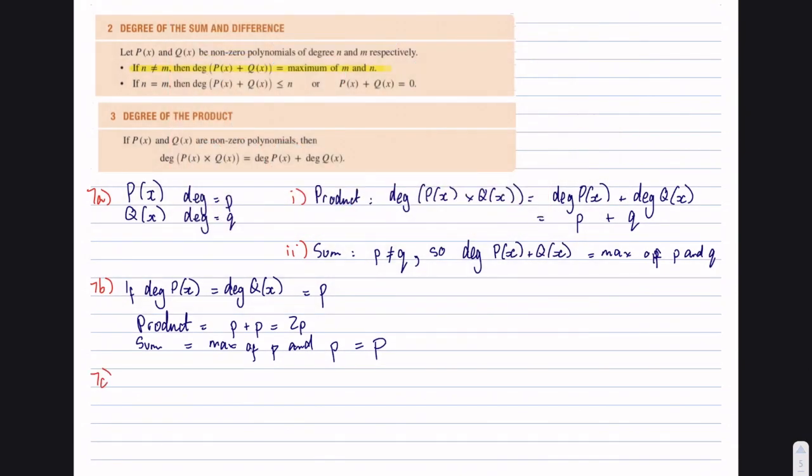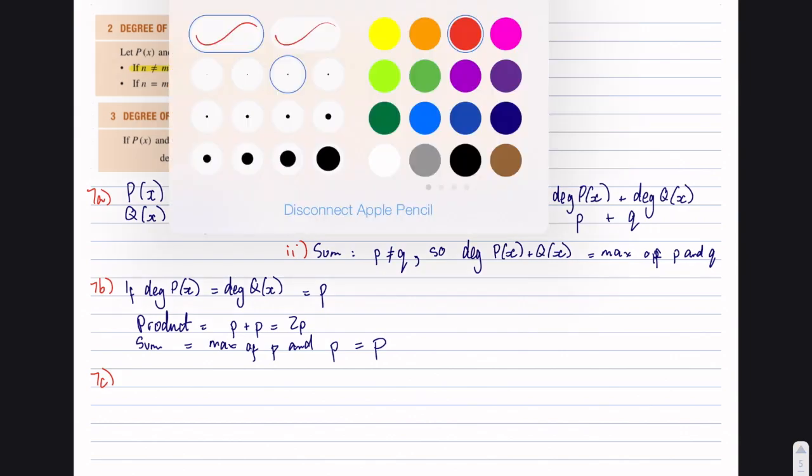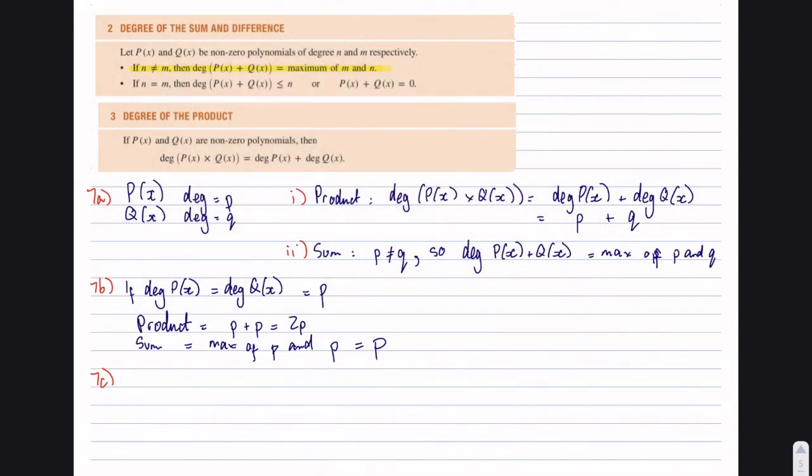And 7c, give an example of two polynomials, both of degree 2. So remember, degree 2 means it's like x squared is the biggest one, so we could have had 3x squared take 7x plus 8.